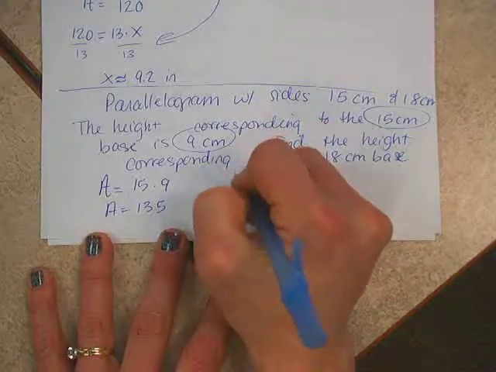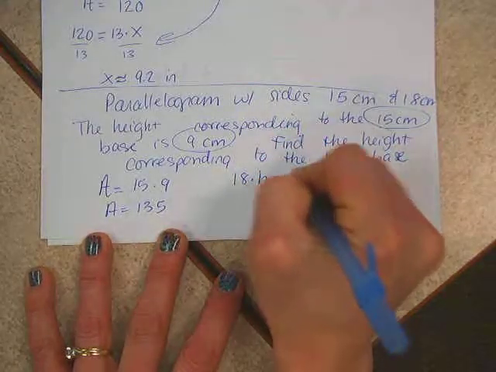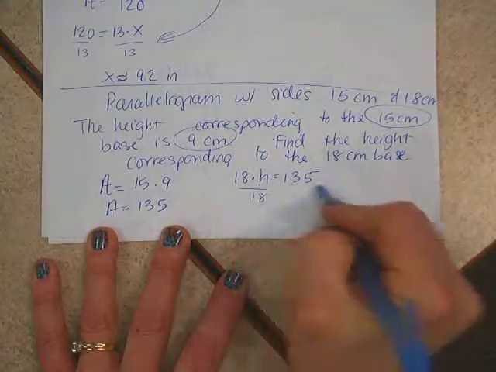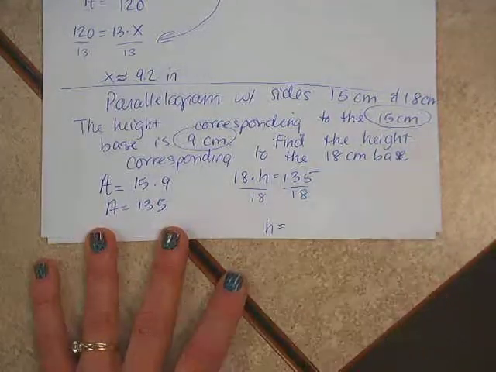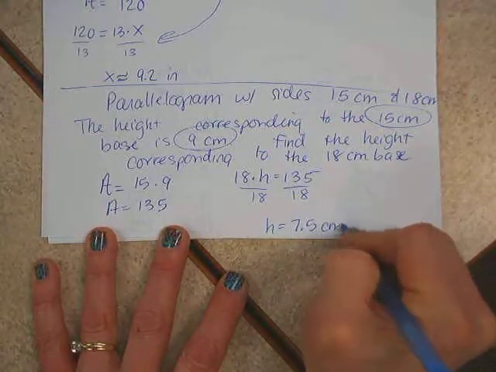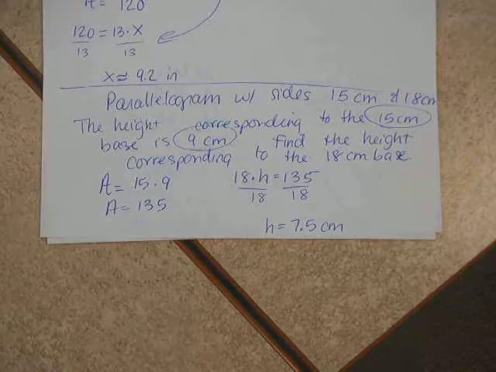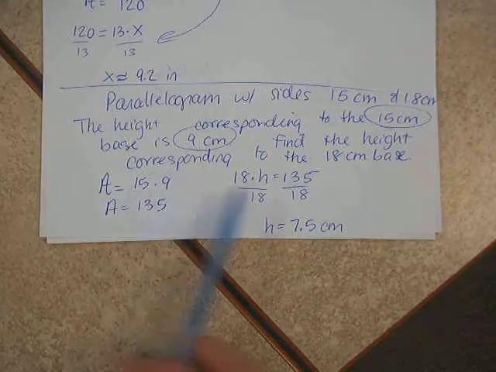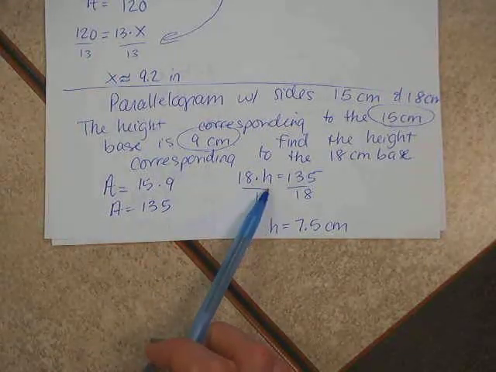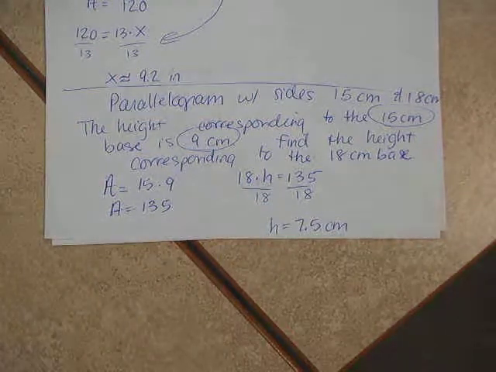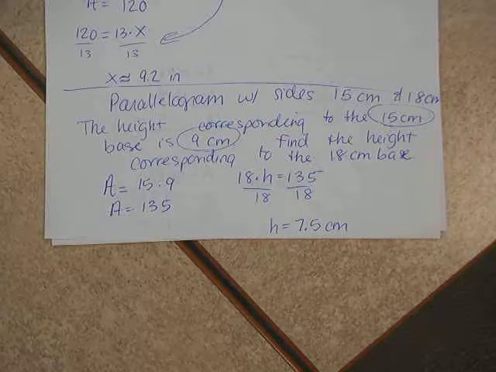So 135. That should be the area of the parallelogram, and then using the other dimension, 18 times h should be 135 as well. So you're going to divide out your 18. So h should be about 7.5 centimeters.